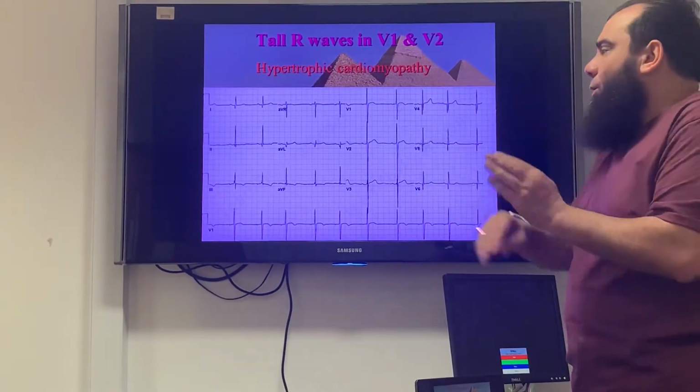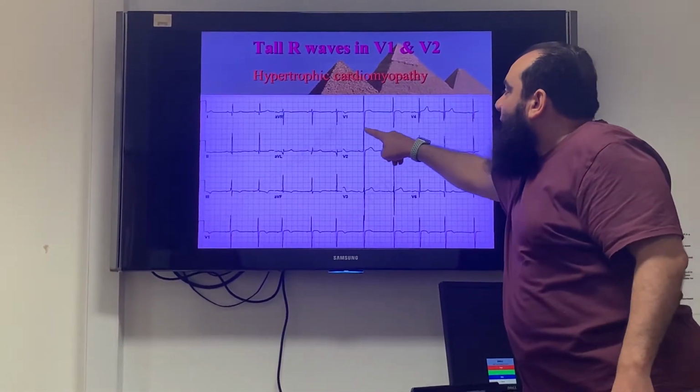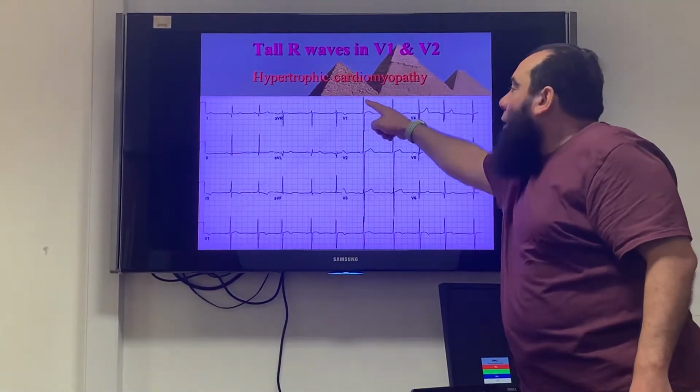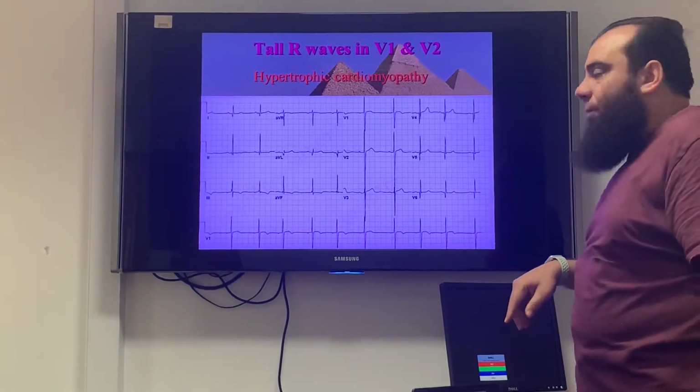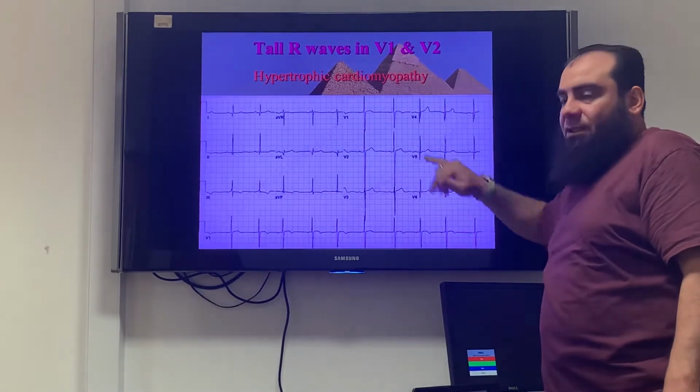It gives syncope, that's all. The ECG finding is just tall R wave in V1 and V2, R over S more than 1 as a ratio, with Q in V4, V5 and V6.